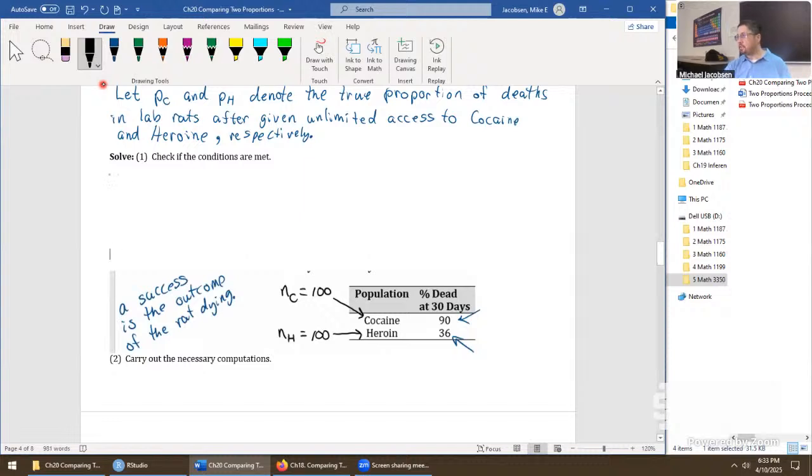Let's say first, in the cocaine group, a success is dying. And so it looks like over here, 90 successes, greater than or equal to 10. Just as a reminder, that's the benchmark that we're trying to fulfill. So there are 90 greater than or equal to 10 successes.